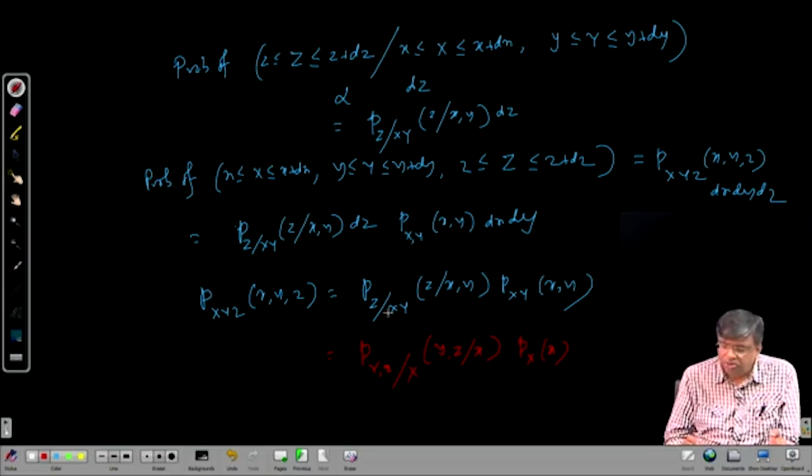Here I took x y together under constraint, subject to that capital Z was free to take values. So, z by x y, then it is x y. If it is y z by x, then it is x. Similarly, if it is x z by y, then it is y. If I could have had x z by y, then it would have been y, capital Y. Accordingly, small x, small z by y and y, small y.